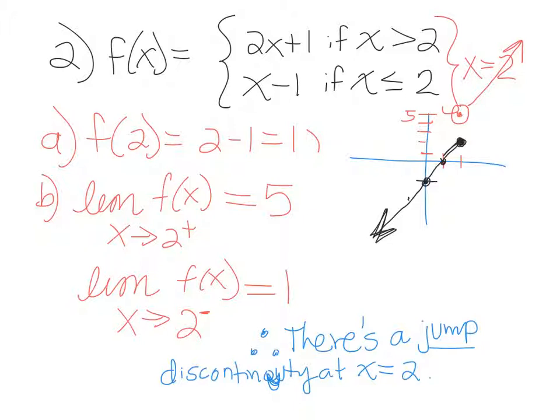Okay, discontinuity. Third scenario. So limit of f of x, the translation to that is what is happening to the y as you are moving towards that number 2 from, and since this is a plus, from the right.